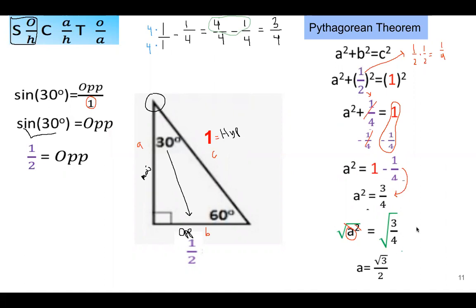Now the reason for that, and I didn't have space on my side, is because this square root, you can break it up like so. You could break it up as square root of 3 divided by square root of 4. The square root of 4 is equal to 2. And that's why this simplifies to the square root of 3/2. That's how we get that simplified answer. And you can also use SOHCAHTOA to get that answer.